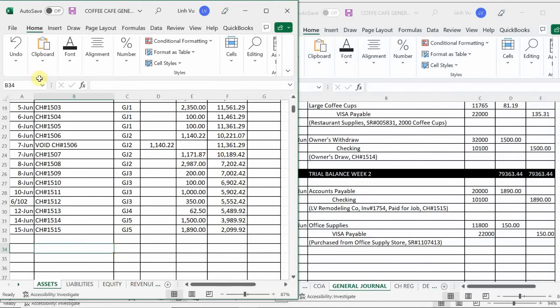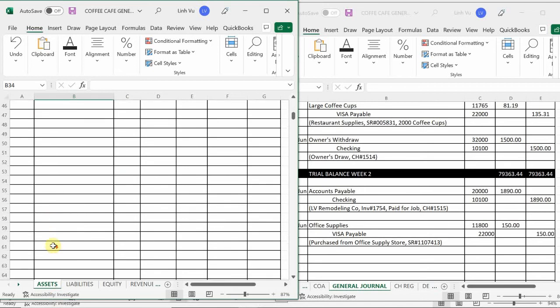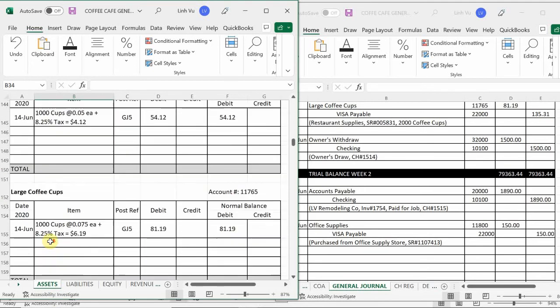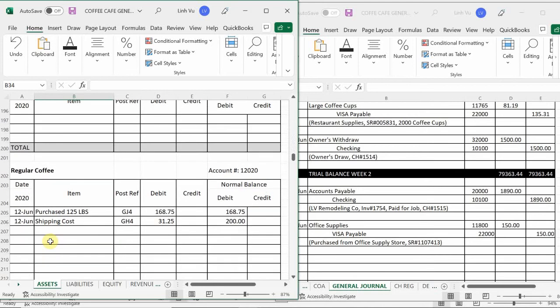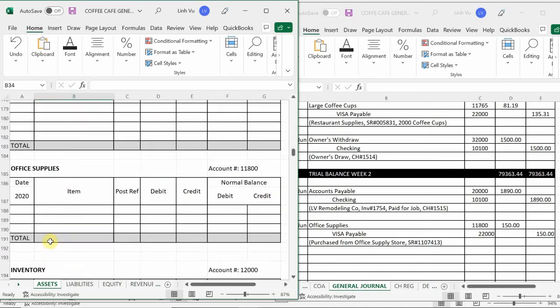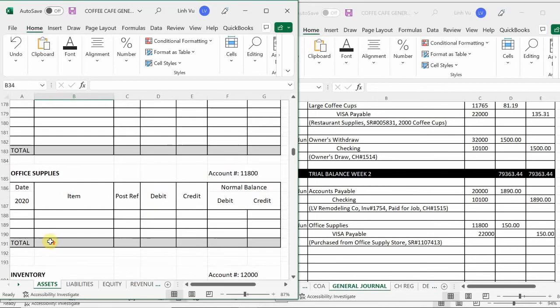Which account are we going to go to first? We're going to go into office supplies.